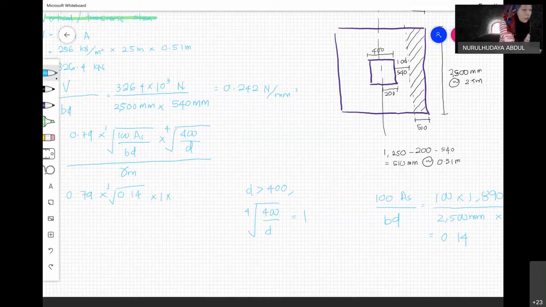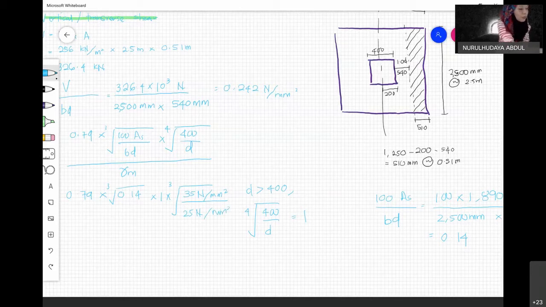So when our FCU not 25, sama juga yang macam belajar dalam beam and also slab, kita ada kira VC ni juga kan. Automatic kita ada tambahan sikit formula dekat sini that we need to use our FCU, kita dividekan by 25.